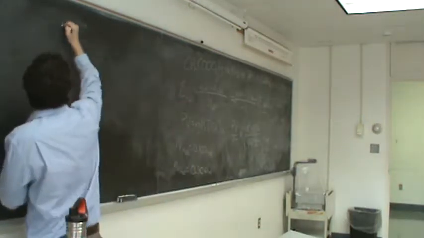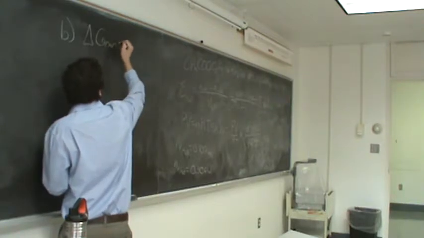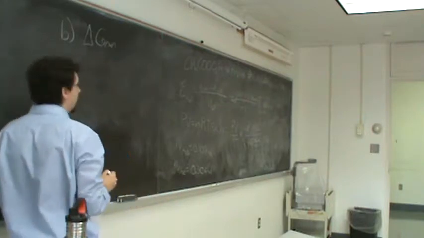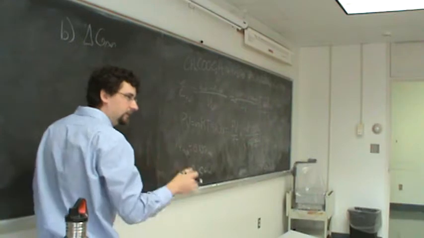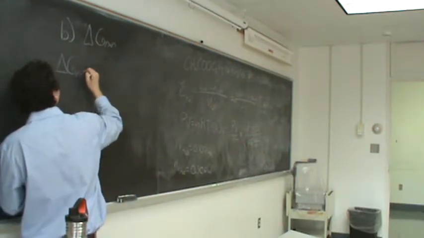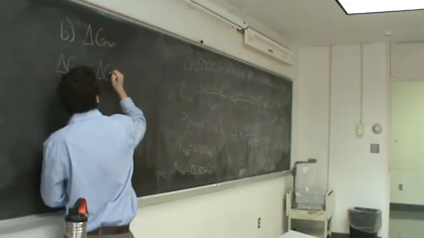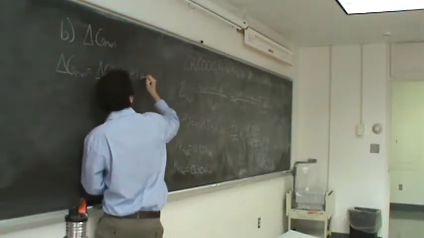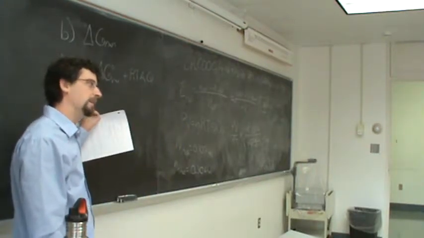In B, we had to figure out what delta G of the reaction was. Does anybody know a formula that relates delta G naught to Q? Isn't it delta G reaction equals delta G naught plus RT ln Q? Yep. How does this expression change if we're talking about equilibrium?